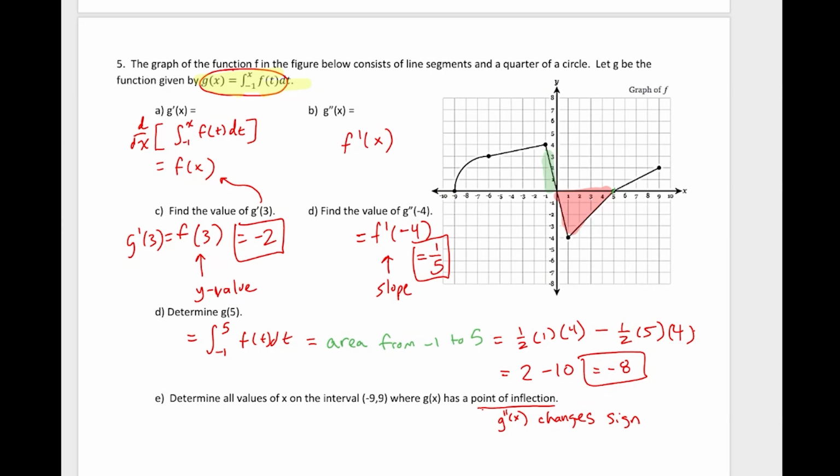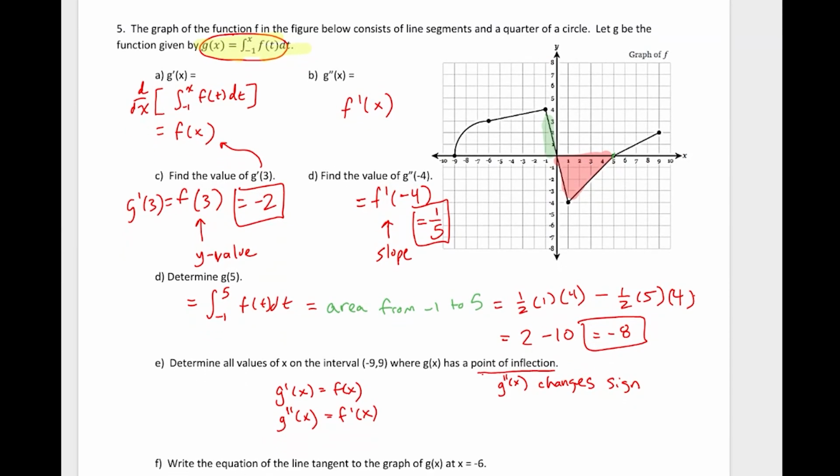If g prime is f of x, we established that in part A, and g double prime is f prime, if we're looking for where g double prime is changing sign, what we're really looking for on the graph is where f prime changes sign.